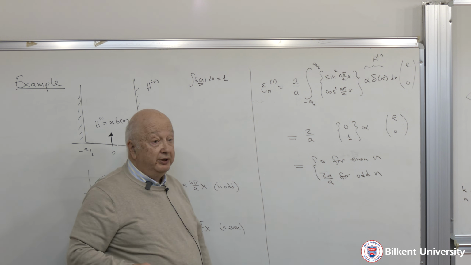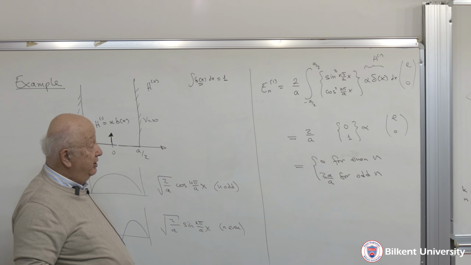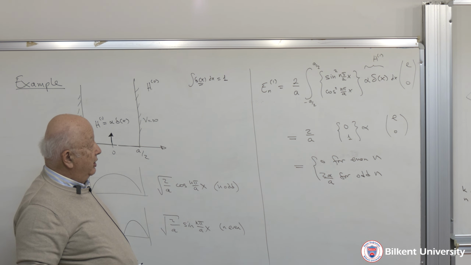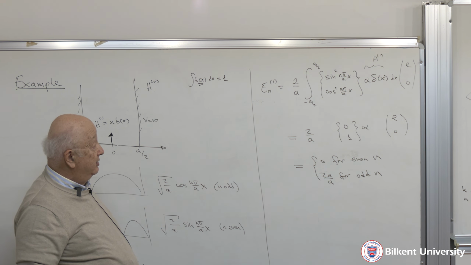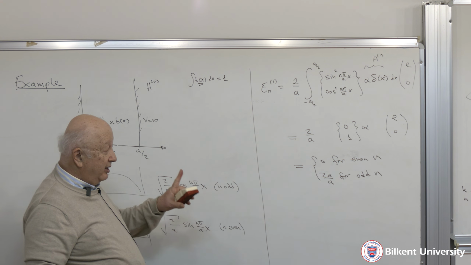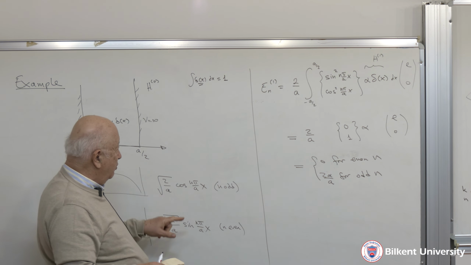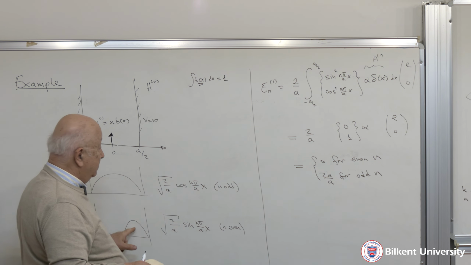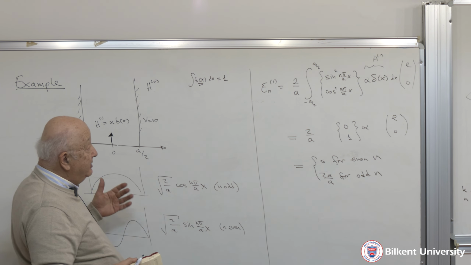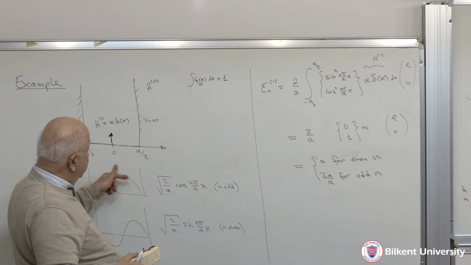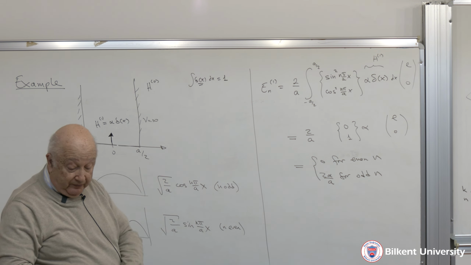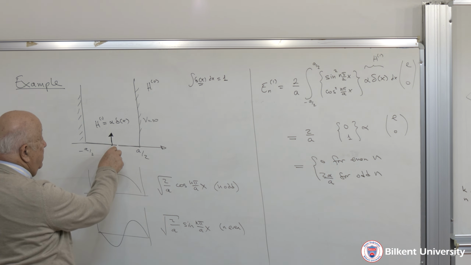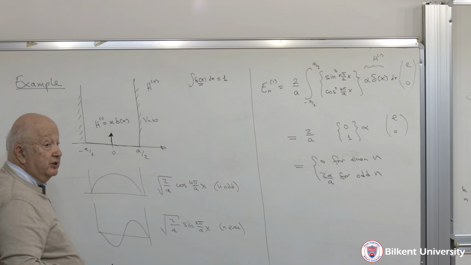So those are the energy levels. It's a little confusing: for odd n, you have even functions; for even n, you have odd functions. So I get a result if the wave function is even. Why? Because the particle will feel this perturbation only if the wave function is finite there.